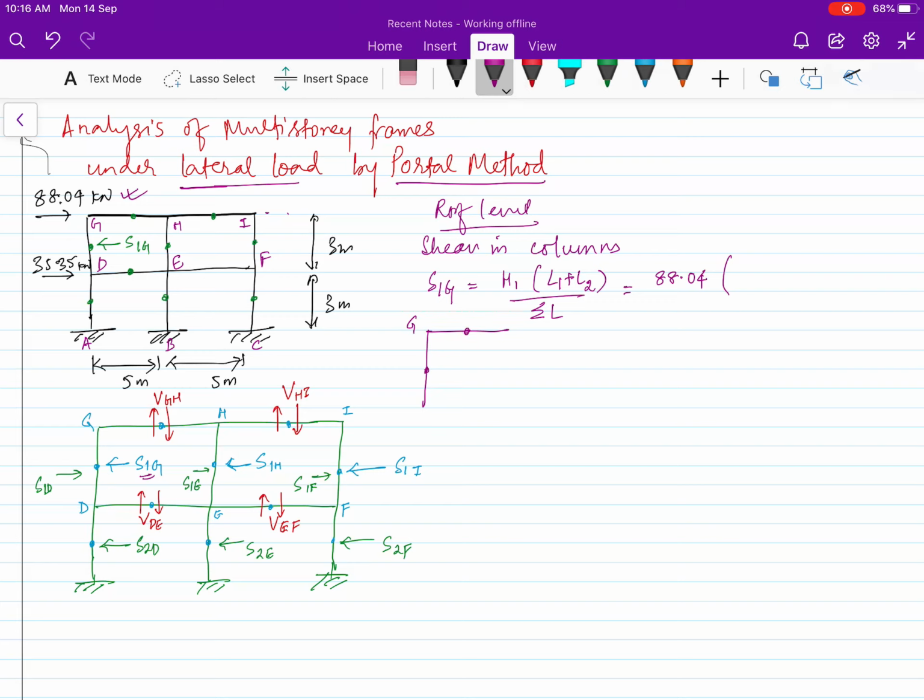This is the G point, this is D and this is H. This is what I am considering for S1G. This is the horizontal force H1.